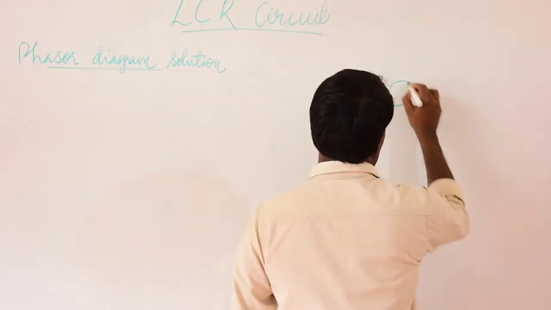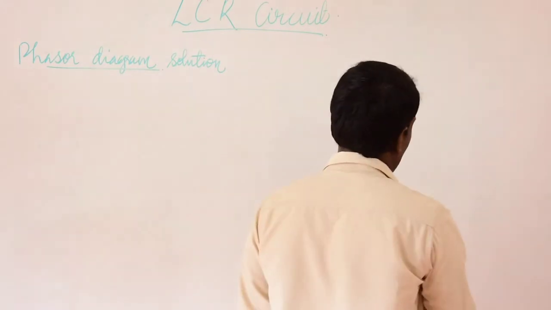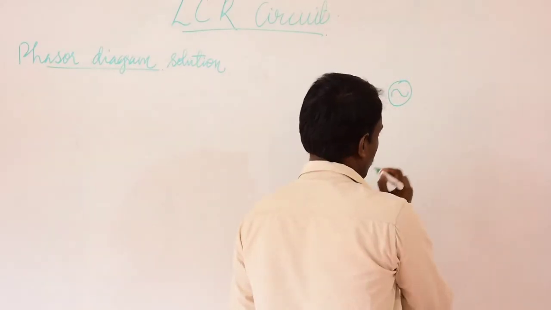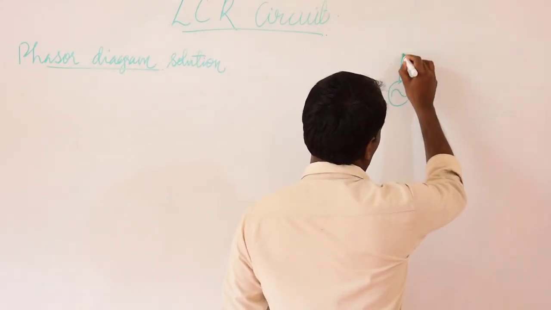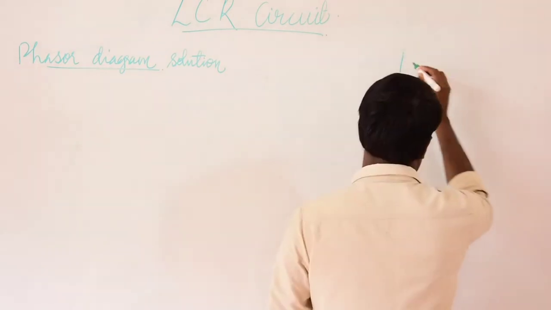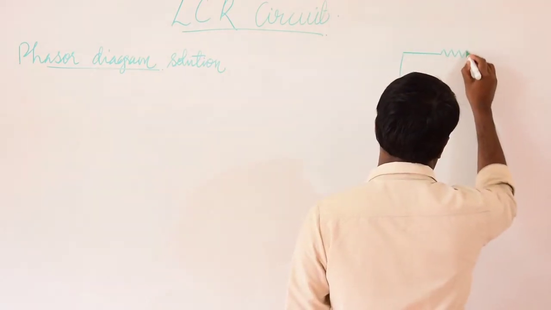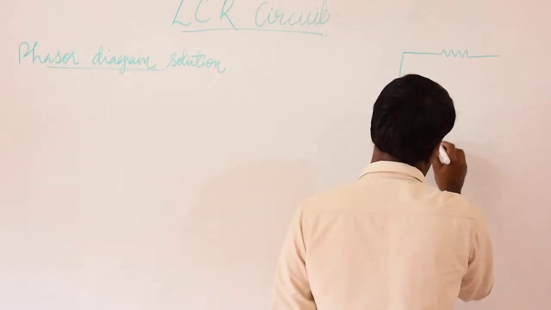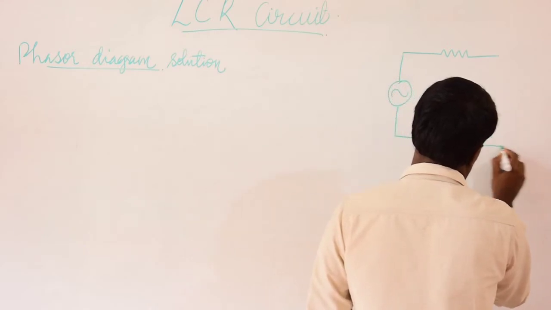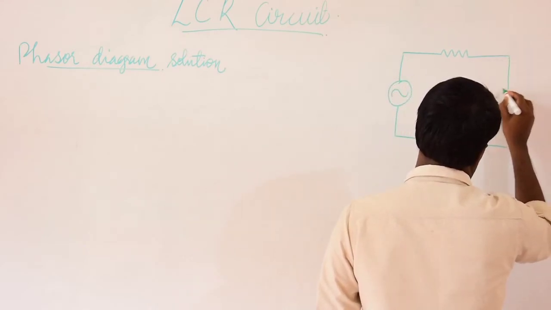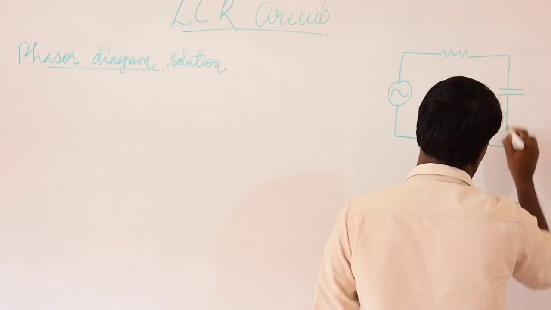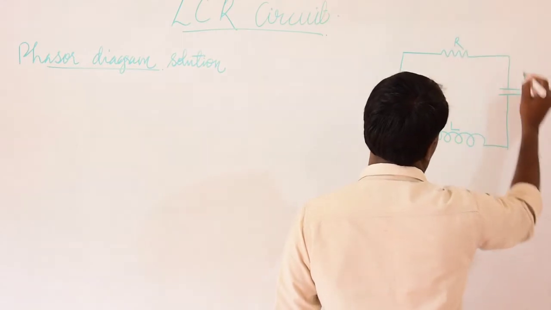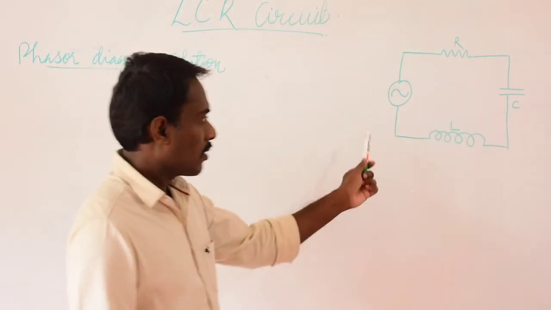An AC voltage is connected to a circuit consisting of inductor, capacitor and resistor, all connected in series. Inductance, resistor and capacitor.